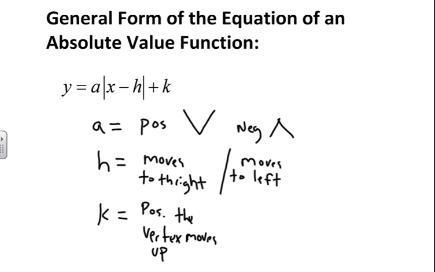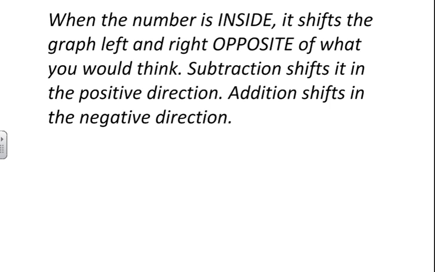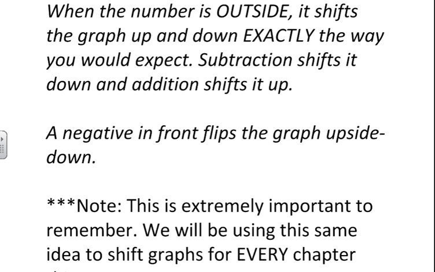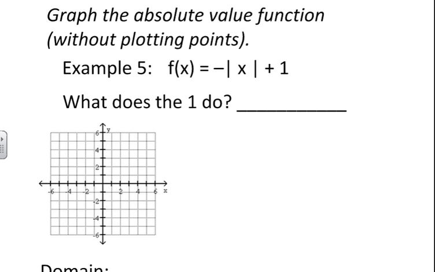If the K is negative, the vertex moves down. Okay? All this stuff is what I've already talked about. So let's look at an example.